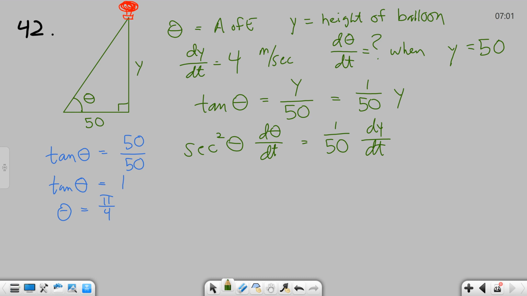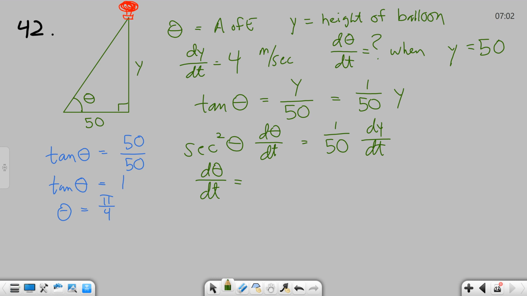What I would do to make my life easier, and I think many of you would agree with me, is that most people are better working with sines and cosines versus secants, cosecants, cotangents, and tangents. So I'm going to solve for d theta dt before I plug and chug. And the reason I do that is because the secant squared is 1 over the cosine squared.